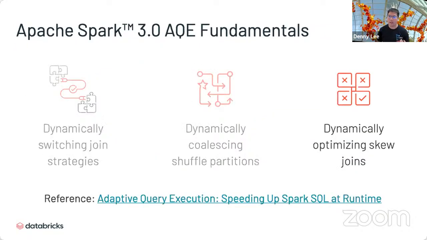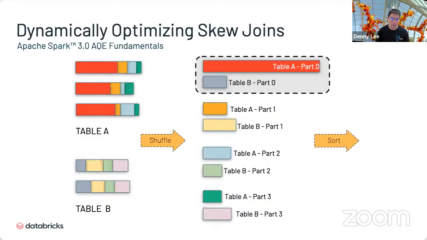And then finally, dynamically optimizing skew joins, right? This is another big thing. What I mean by that is, often when you're, for example, joining 2 different tables together, there's a skew. For example, if you're looking at data warehousing style queries, there's a null value, and the vast majority of the values are null.